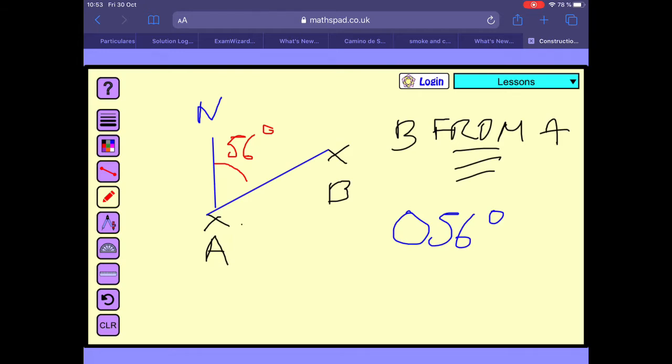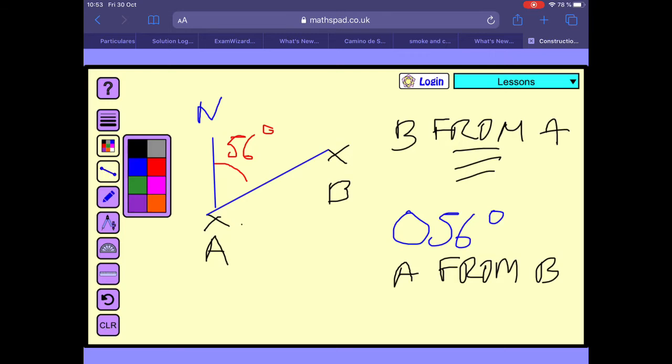The second part of the question could be, find the bearing of A from B. Well, that means that we have to draw a new north line at B, because now we're measuring from B, and again we are measuring the bearing in a clockwise direction, always clockwise. I need to measure all of that angle there.